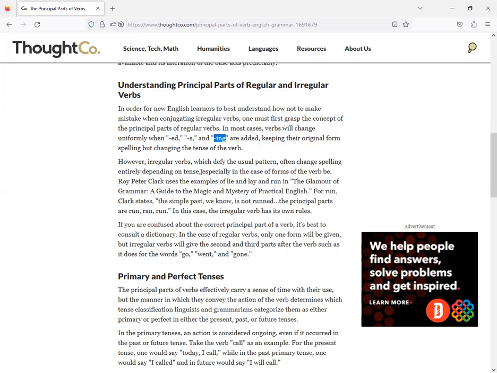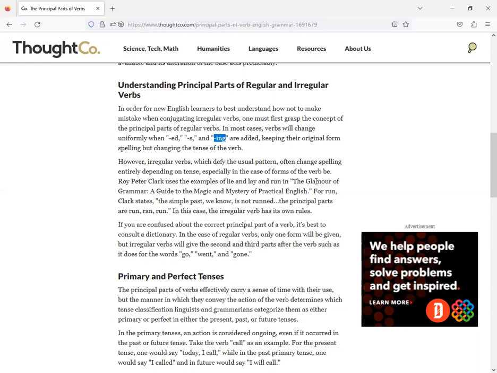The spelling is totally different from see, okay? For example, in the case of the verb to be, in the present it's am, is, are, in the past was or were, in the past participle it will be what? Been, and in the present participle it will be being, okay?